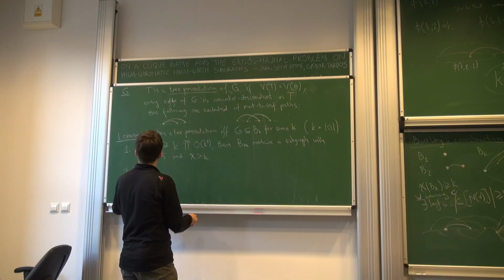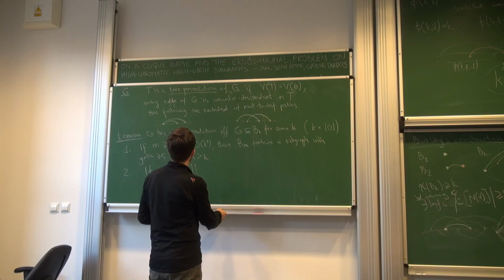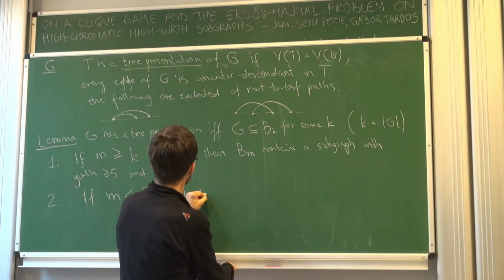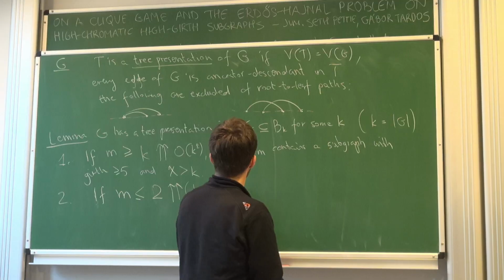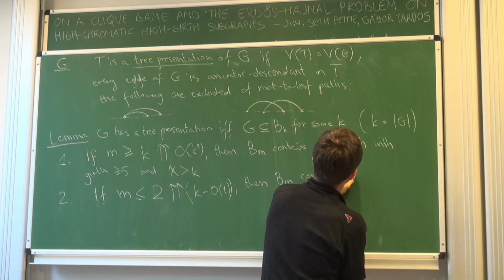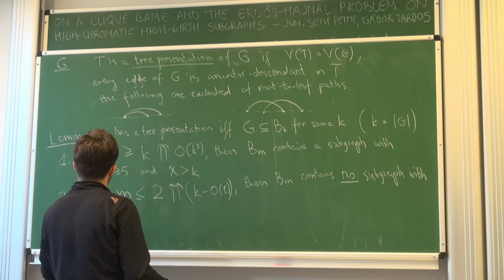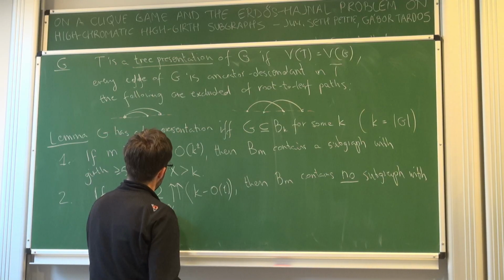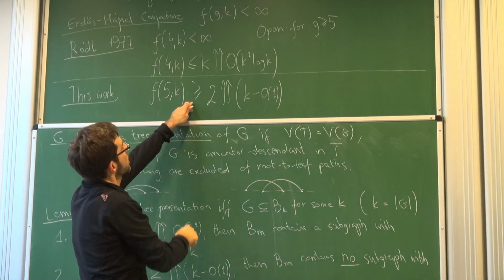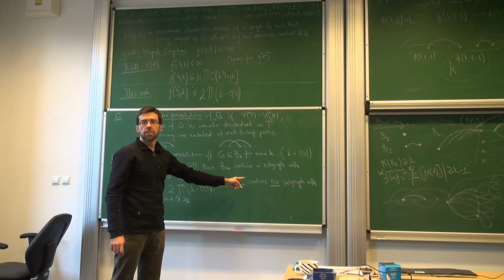But on the other hand, if M is at most 2 to the power of K minus a constant, then the opposite holds: Bm contains no subgraph with girth at least 5 and chromatic number greater than K. So this second statement implies this lower bound, because M is the chromatic number of Bm, right?